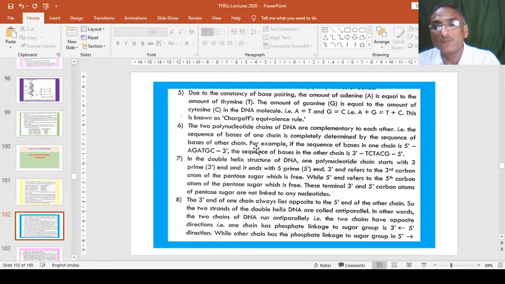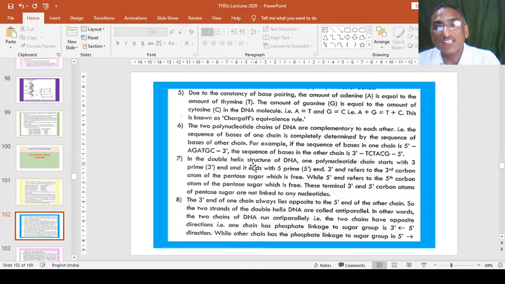For example, if the sequence of bases in one chain is 5' AGATGC 3', the sequence of the bases in the other chain is opposite, that is 3' to 5', and this chain will be reversed, that is TCTACG, because the last G is pairing with C, and A is pairing with T. In this way the chain is reversed here, and therefore the opposite chains are there on the DNA strand.